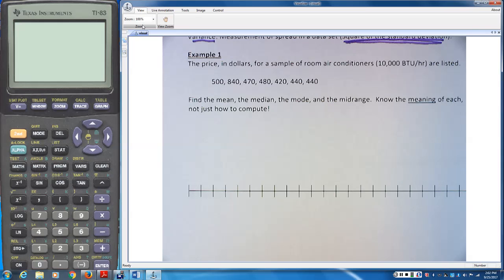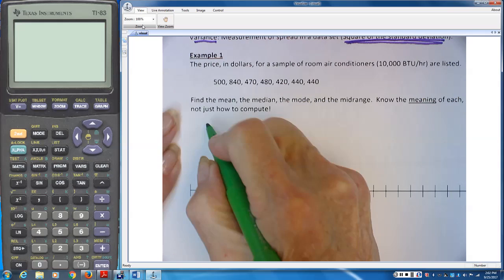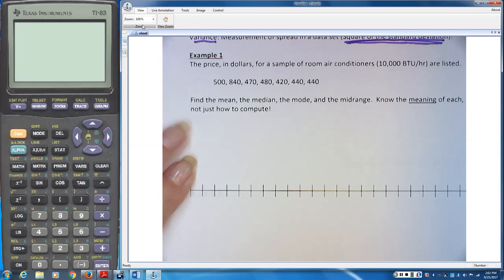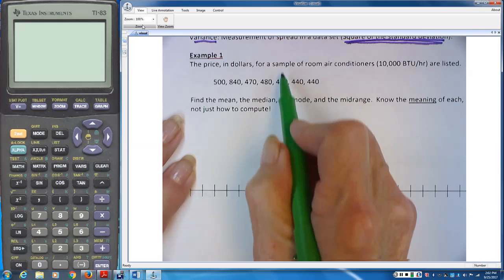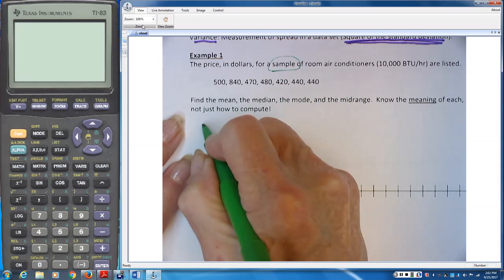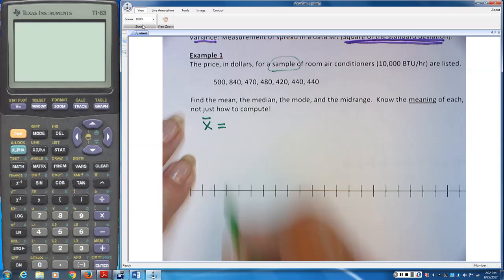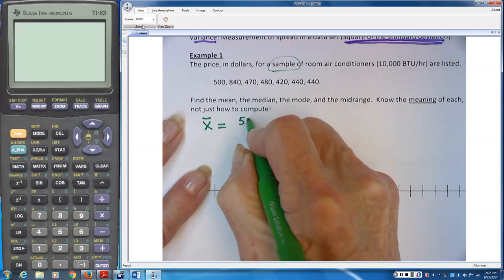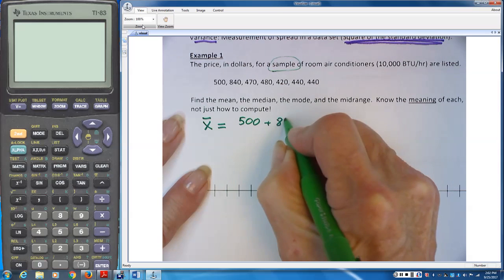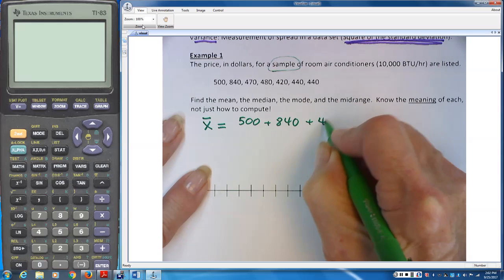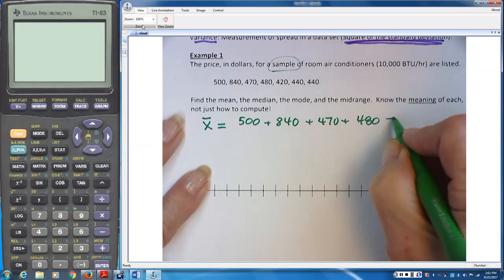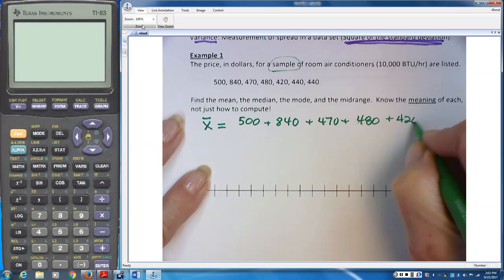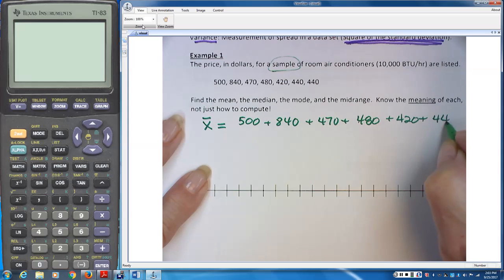So if we find the mean, not necessarily how to compute it, but you need to know the process. So I'm going to remind you of the process. To find the mean, and this is a sample, so its symbol is going to be X bar, is 500 plus 840 plus 470 plus 480 plus 420 plus 440.